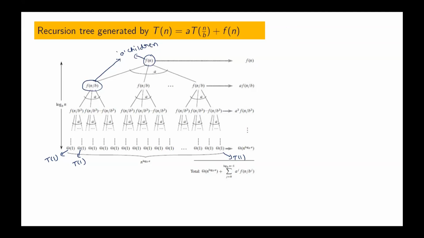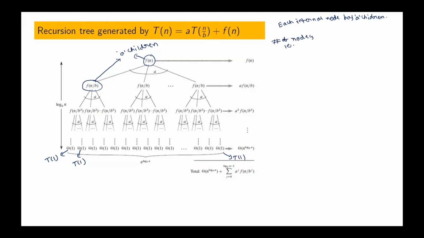Each internal node has A children. So in this tree, each internal node has A children. Not only that, at level 0, how many nodes are there? Number of nodes per level.